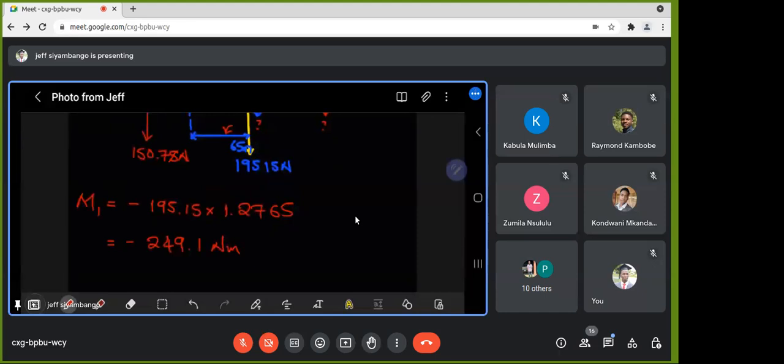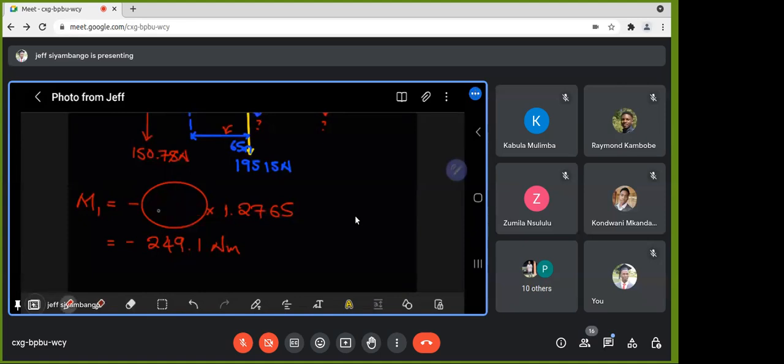Again, don't forget the other forces are given in kilonewtons. Once you decide to use newtons, there'll be conflict. You won't be able to add the moments properly because the units will be different. So the safest way is, even when getting these moments, convert to kilonewtons if you decide to use kilonewtons.